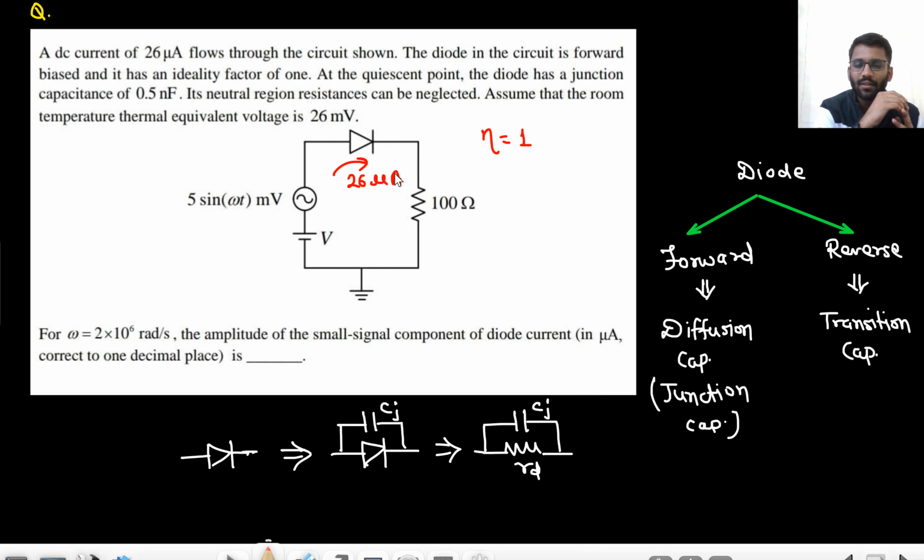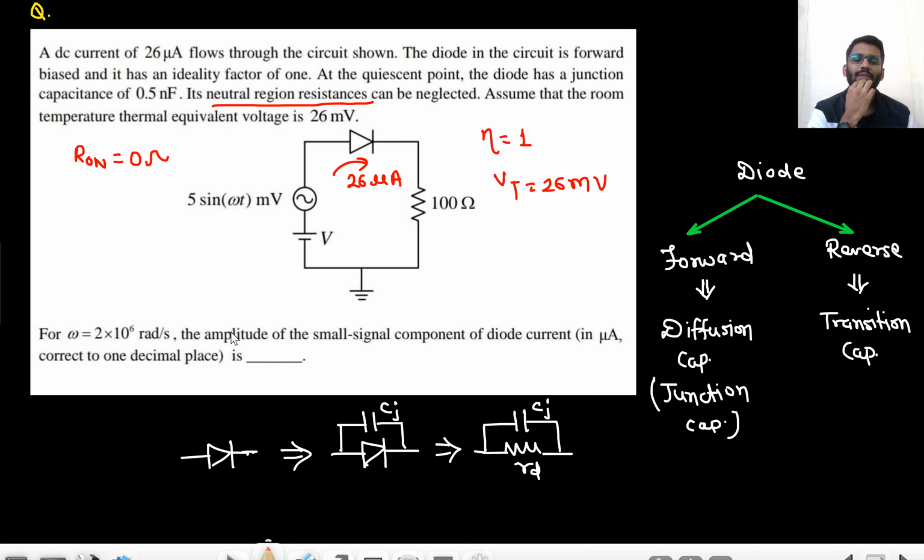Assume that at room temperature the thermal equivalent voltage, that means VT, is 26 millivolt. Neutral region resistance means they are talking about R on, and R on is 0.